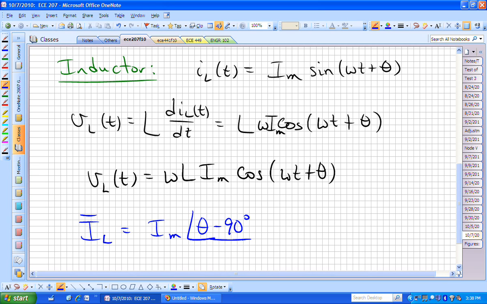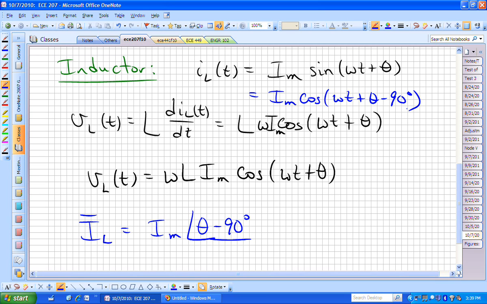Meaning I sub L of t, another way of writing that is I sub m cosine omega t plus theta minus 90 degrees. And now that's the time domain functional expression that we're using to obtain this phasor representation for I sub L.